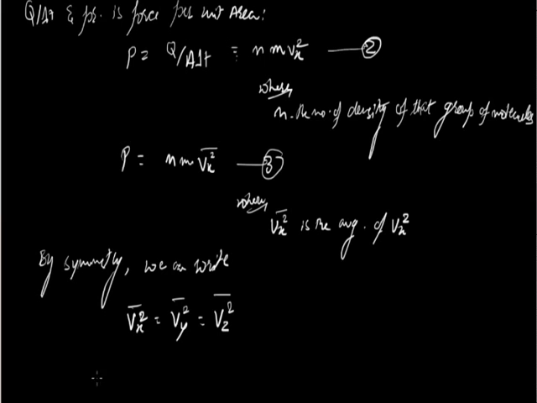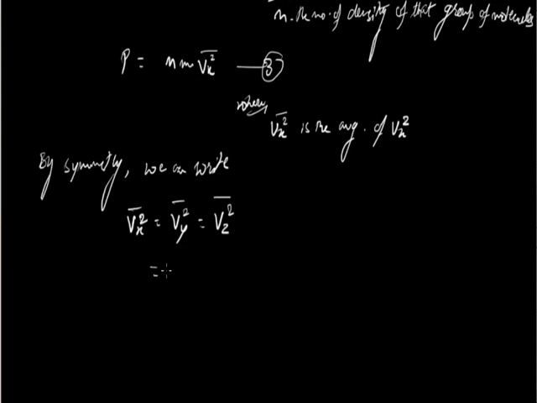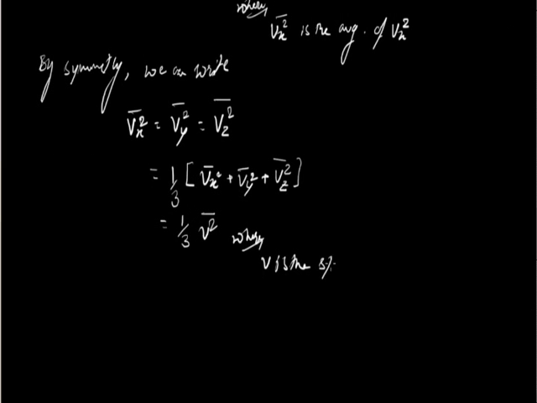Here we have 1 by 3, because we are taking the average, where v is the speed and v square bar denotes the mean of the squared speed.